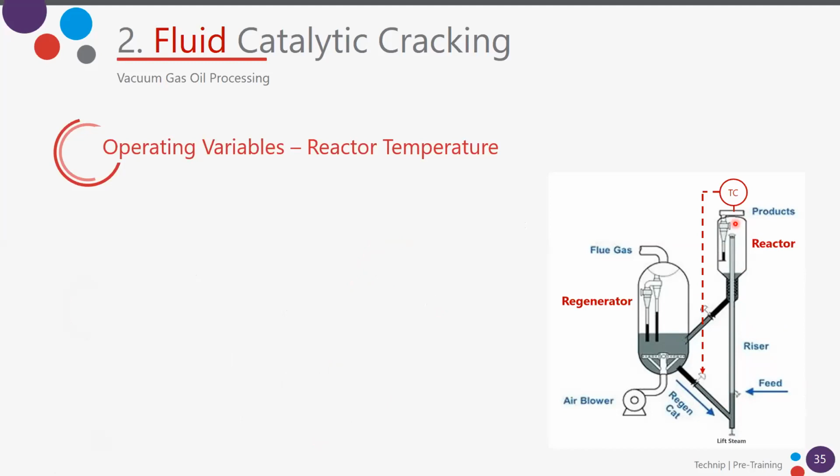Who will provide the heat to the reactor? Who is providing the heat to this part of the system? The heat is provided by the regenerated catalyst. Remember that here we have the catalyst without coke or almost without coke, and we have hot catalyst, okay? Very hot catalyst.